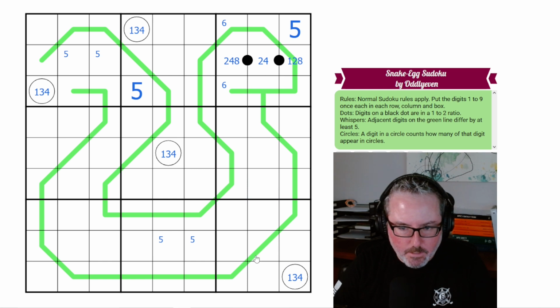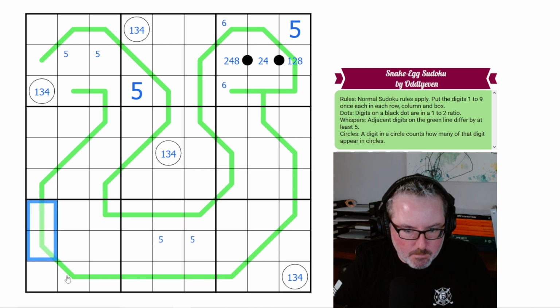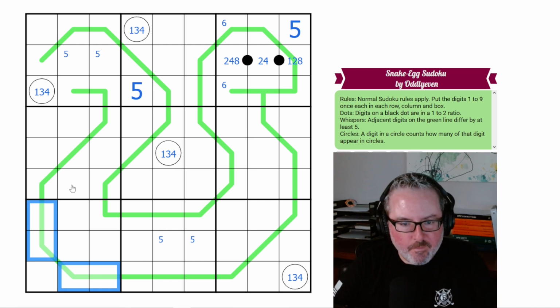And in these other regions, I can remove 6s from all of these, but I can't remove it from here, because this could be a 6 and these could be 1, 1 again. Again, not much being removed there, and I can't do much in these other ones either. It doesn't look like it, looking at this.